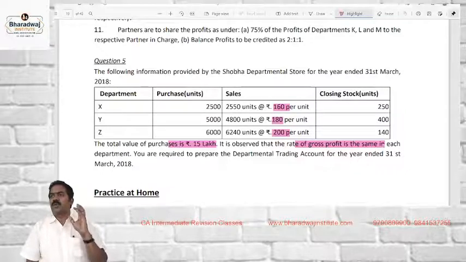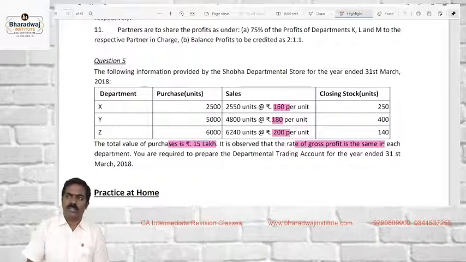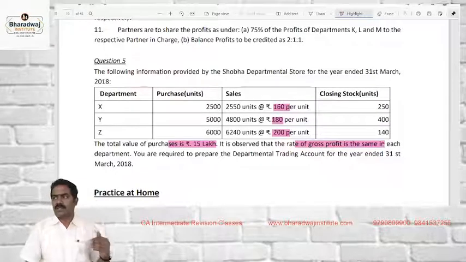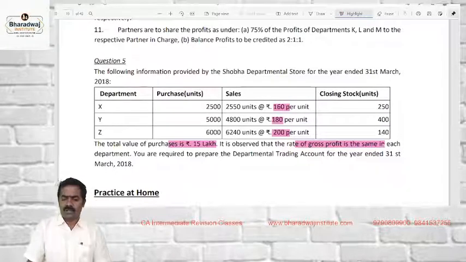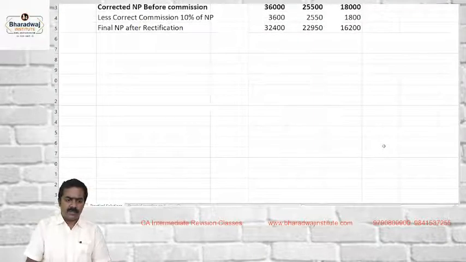So first we have to find out the profit margin. For finding out the profit margin, what are the 2 values we need? Sale value and cost. Please do it along with me.